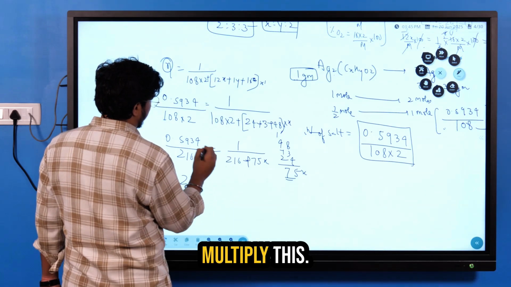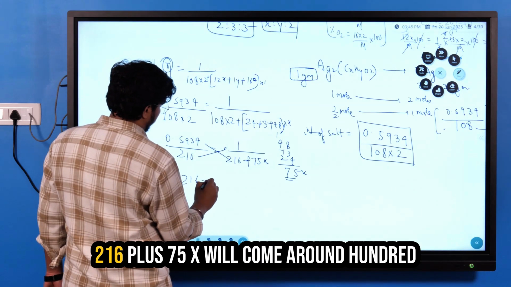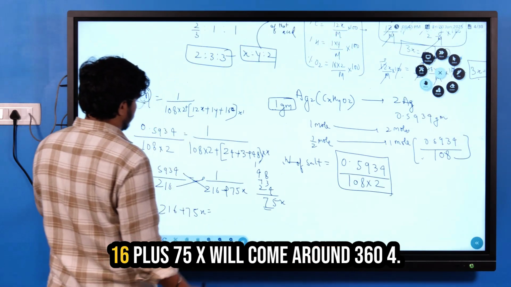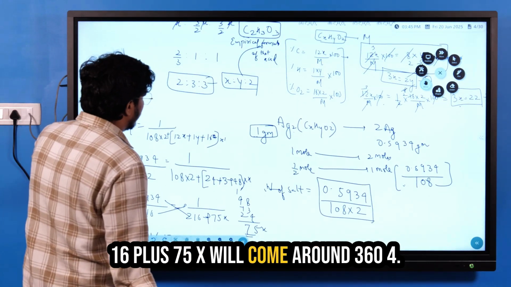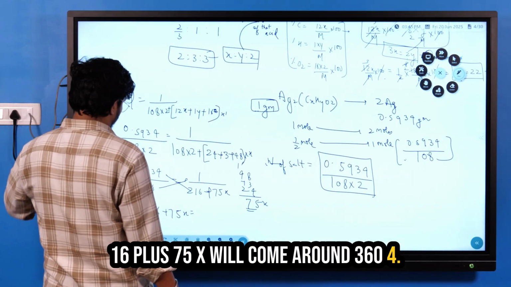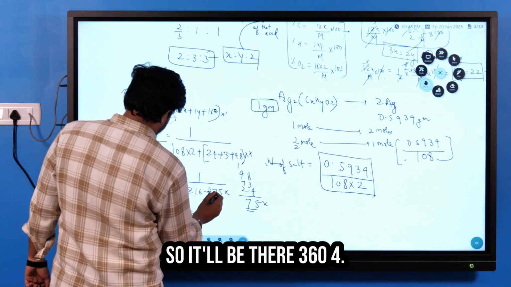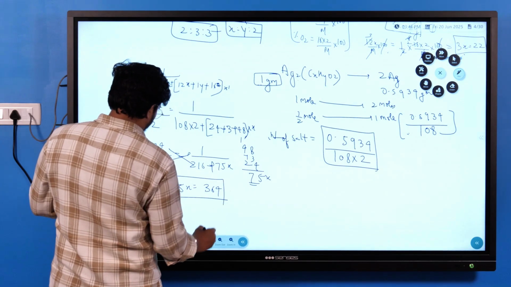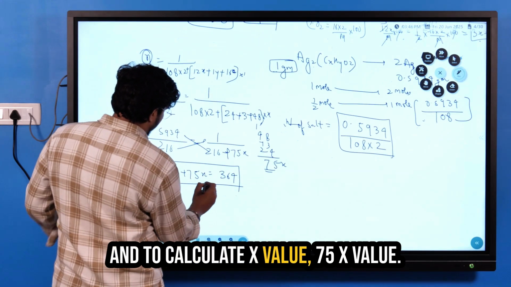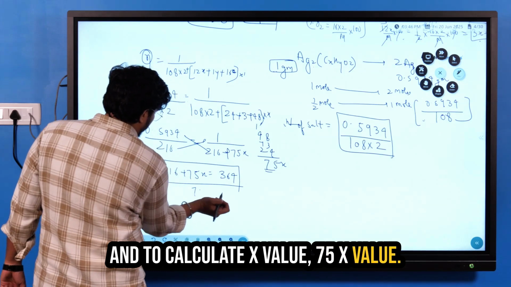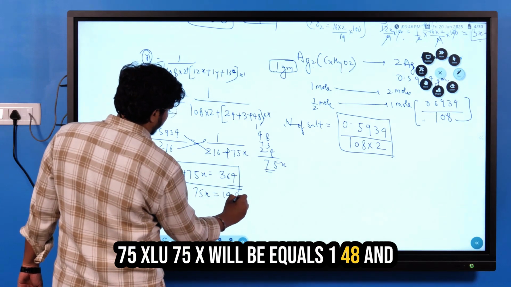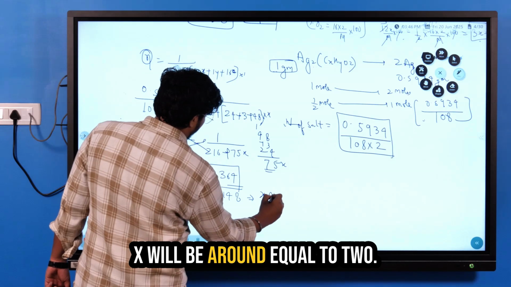If you cross multiply this, 216 plus 75x dash will come around 364. And to calculate the value, 75x dash will be equal to 148 and x dash will be around equal to 2.